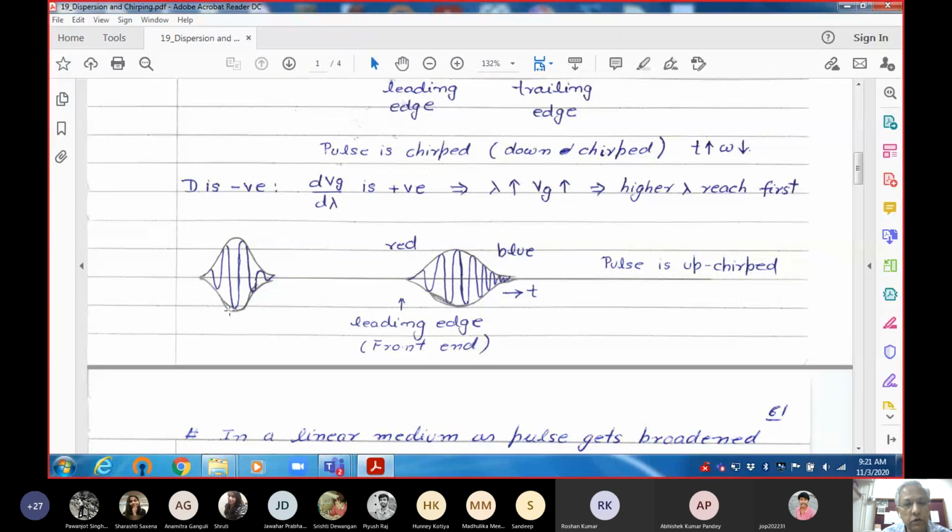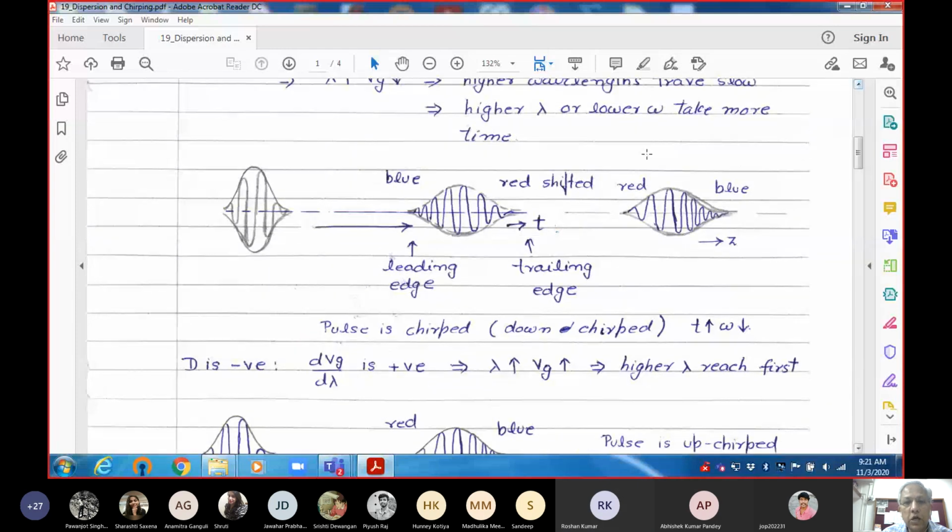So it's not a single frequency pulse, you should remember. If you take its Fourier transform, that decides the frequency spectrum. But yes, now let me come to the positive dispersion case here. Now the red wavelengths travel slower, so they reach at a later time. So whatever frequencies we have in this pulse are redistributed across the pulse. So there is no generation of any new frequency.